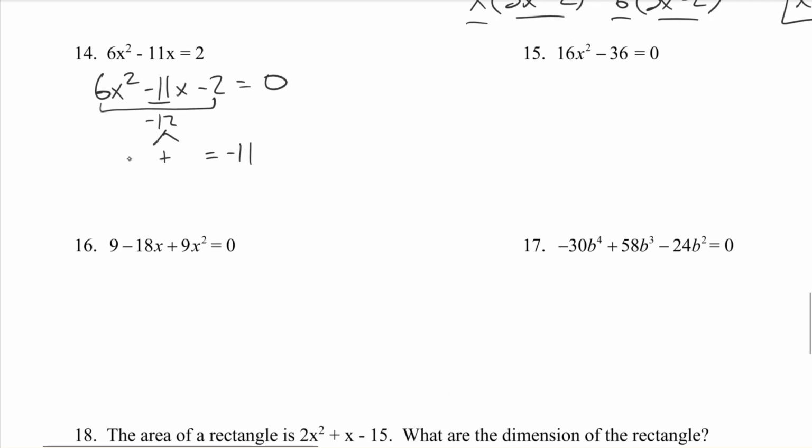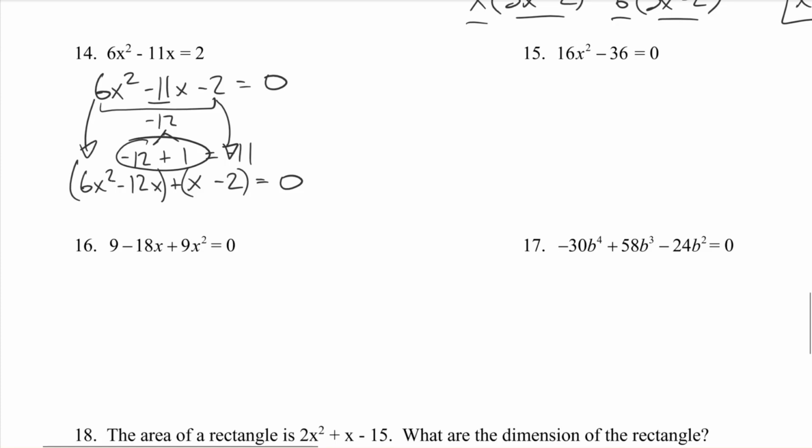That would be -12 and positive 1. So 6x squared minus 12x plus 1x minus 2 equals 0. I group. 6x came from here, -2 came from there. Two new b terms became -12x and positive 1x.